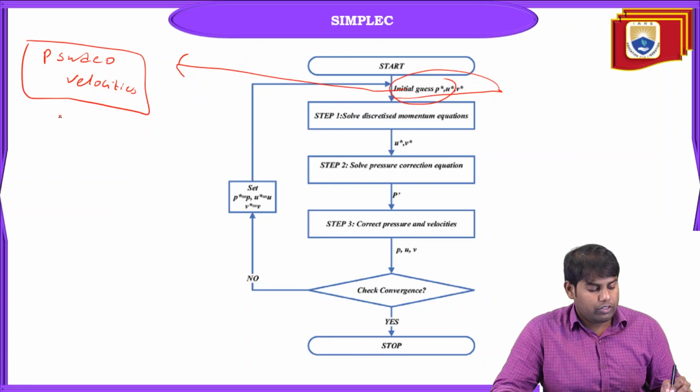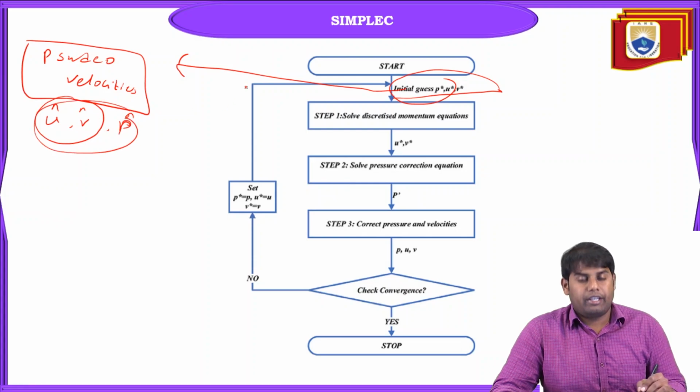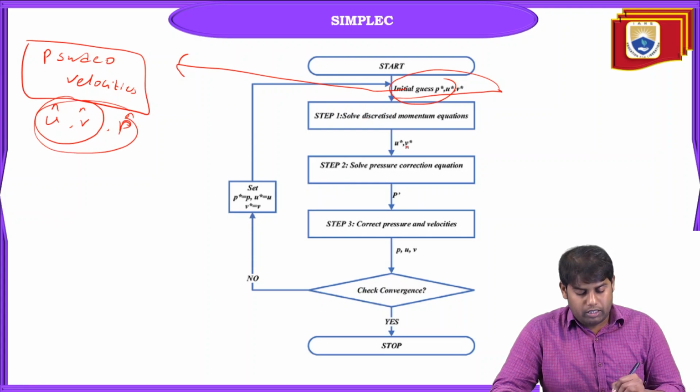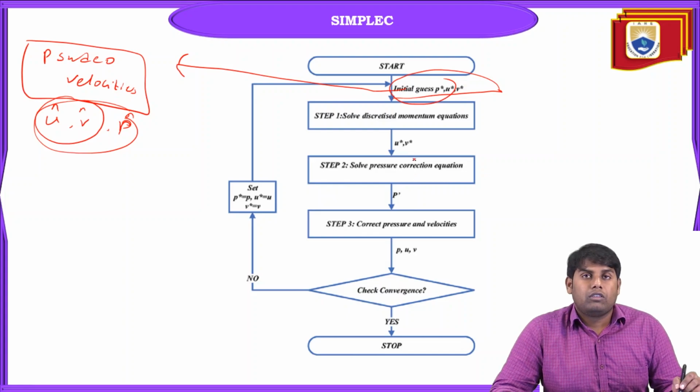So whatever guess values we have, we substitute in the momentum equation to get u cap, v cap, and p cap. These values will go into the discretized form, and from that the algorithm will start. So this is one additional step used in the SIMPLEC algorithm.